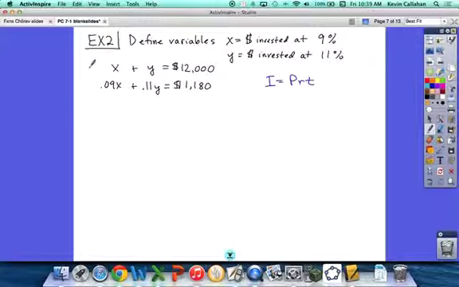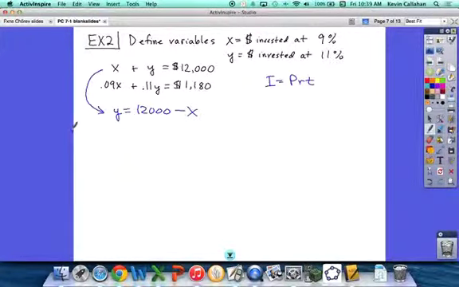Now that we've got it set up, follow the steps. Solve one equation for one variable. Which one do you think you'd solve for? Probably the first one. Does it matter which variable we solve for here? It's going to be identical. So how about we solve for y? That's our instinct anyway. So y equals 12,000 minus x.